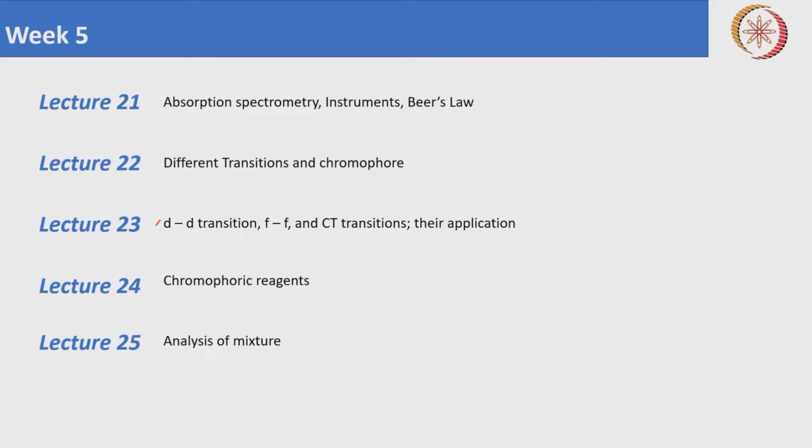In lecture 20 we learned about absorption spectroscopy and instrument methods, as well as Beer-Lambert's law, and then different transitions like metal-metal transition or d-d transition, then metal to ligand transition, or pi to pi star transition for organic compounds, and pi to sigma star transition.